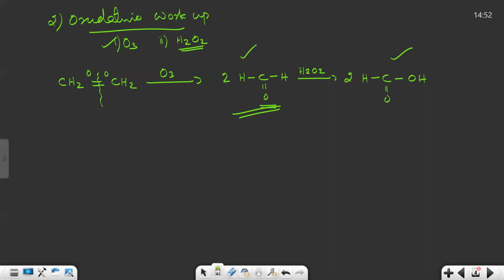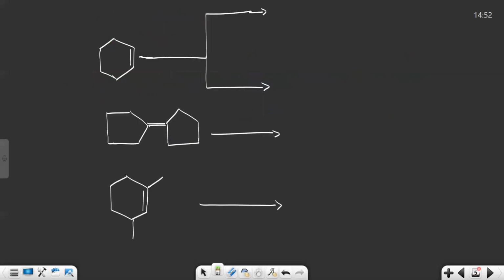But in the oxidative workup method, one oxidizing agent, H2O2, is used, so it oxidizes the aldehydes formed into acid. Remember here, if a ketone forms as the product of ozonolysis, then no further oxidation reaction will take place. Now we'll see a few reactions here.